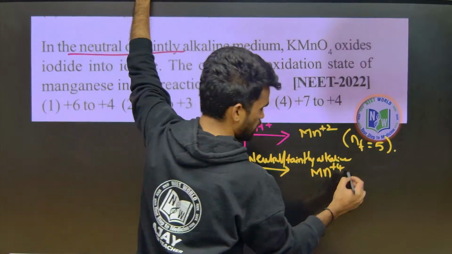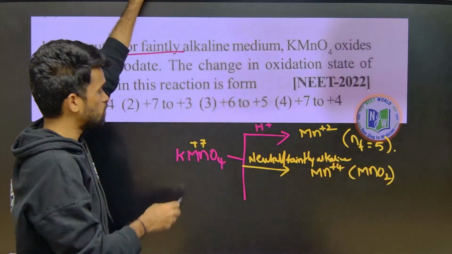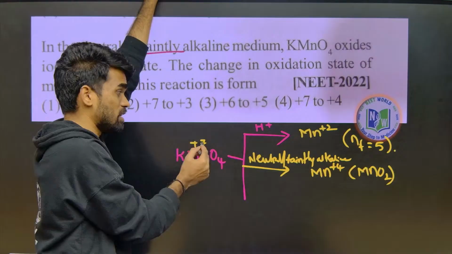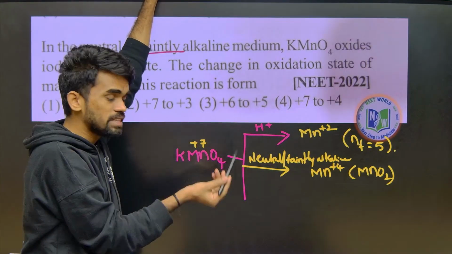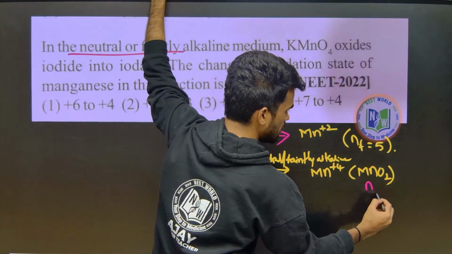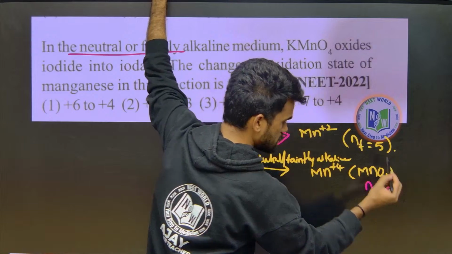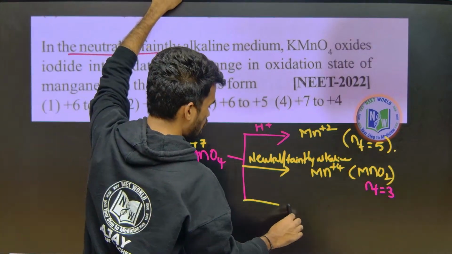Exactly, it may form something like MnO2 kind of compounds. +7 converting to +4 means how many electrons is it gaining? It is gaining 3 electrons. So the N factor in this case is 3.